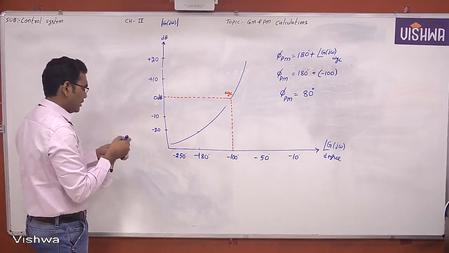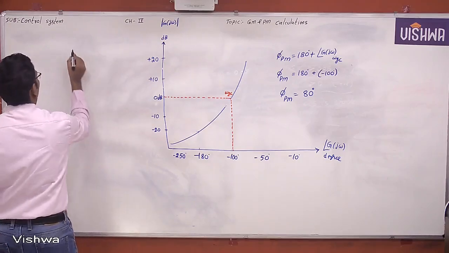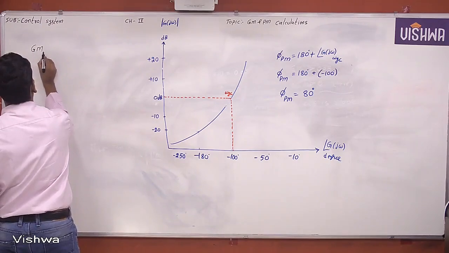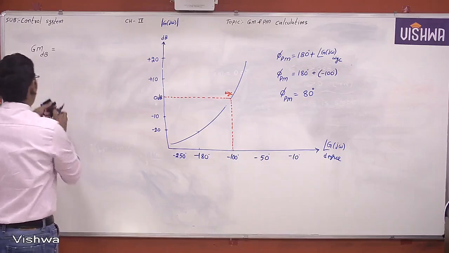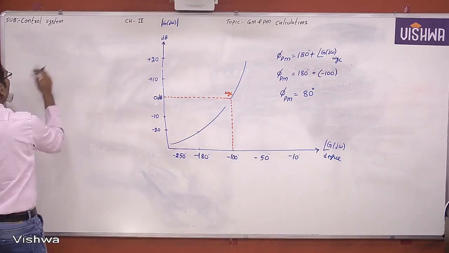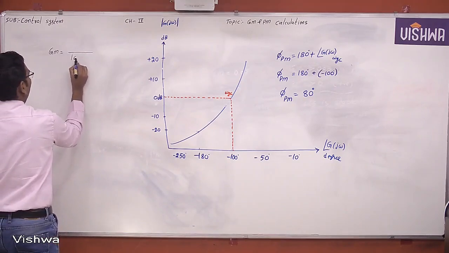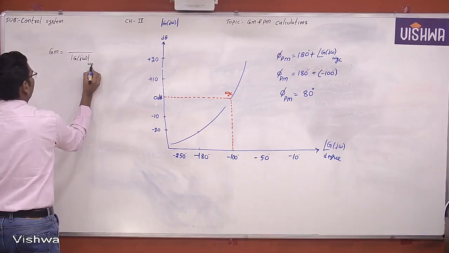What is the gain margin? The gain margin is the reciprocal of the magnitude of open loop transfer function at phase crossover frequency.